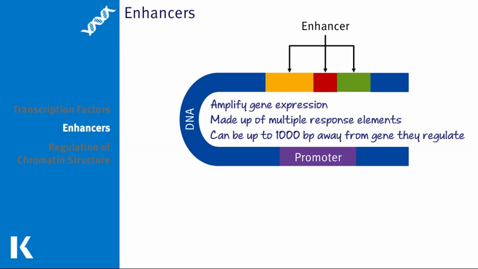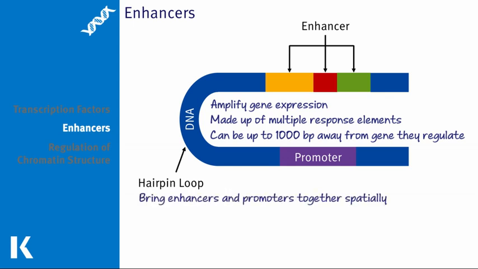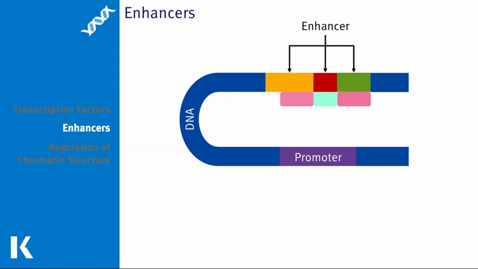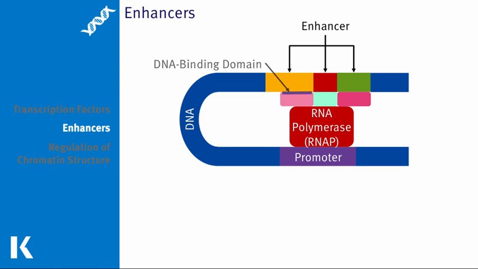They can work from 1,000 base pairs away, as long as the DNA folds itself up into a hairpin, so the regions are in closer spatial locations, even if on the DNA strand they're far apart. The entire transcription complex binds to the enhancer thanks to the domains that were introduced earlier. The DNA binding domain of the transcription factor docks the whole complex onto DNA, and the activation domain holds hands with all the other proteins that need to be present for transcription to work. Together, the two domains hold all the proteins together into the transcription complex.